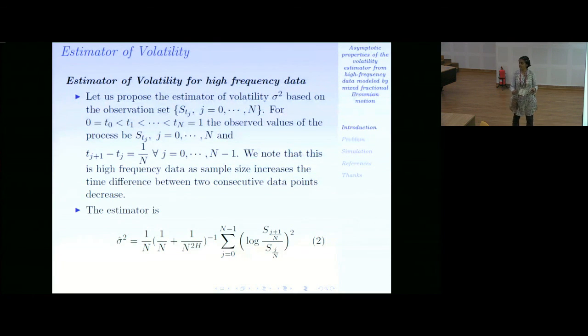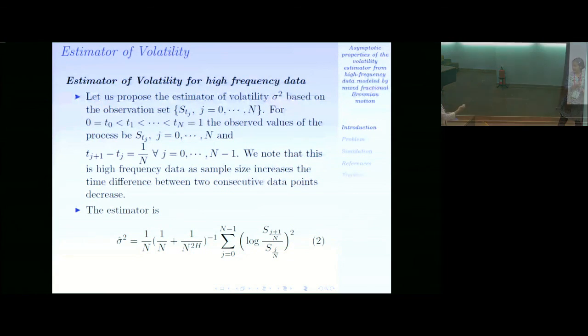So I need to get that H estimation first and then incorporate it. People using this for long range data analysis will definitely search for which H they are going to use. So if I know that for H greater than half this normalizing constant goes to 1, and I can drop it, then it will be better, because in the estimator procedure I do not have any involvement of the parameter. I will be free from it.